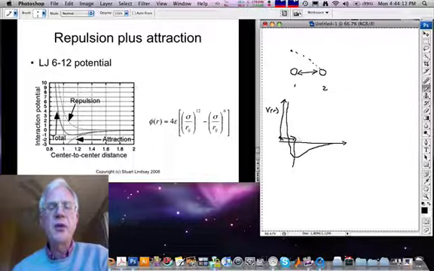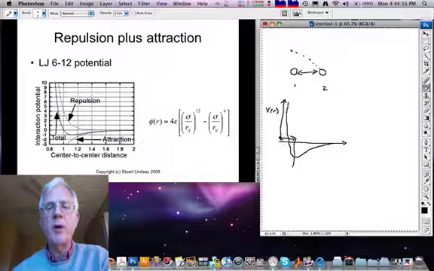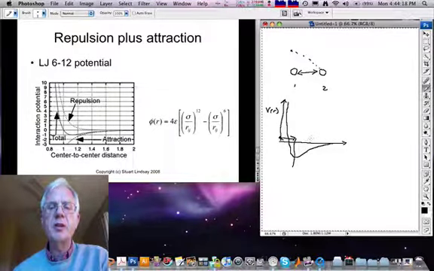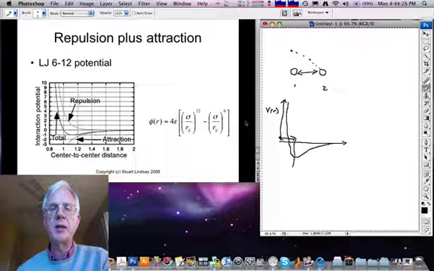The fact that pretty much every chemical bond that you can describe by a pairwise interaction looks this way leads to the introduction of a very interesting general formula shown here on the slide, the Lennard-Jones 6-12 potential.